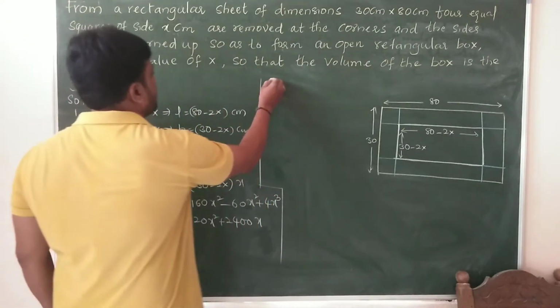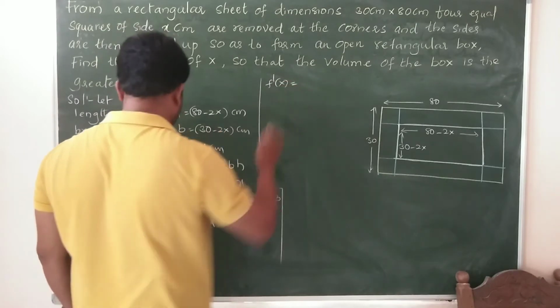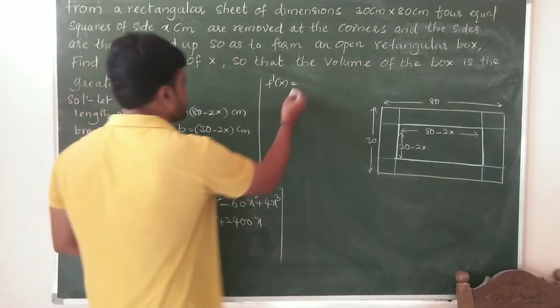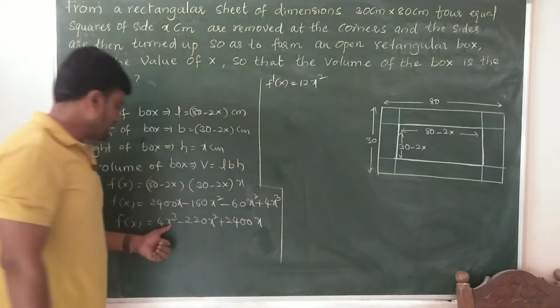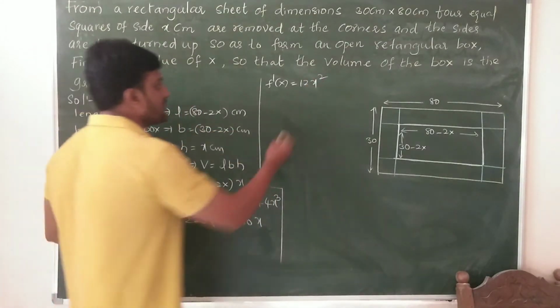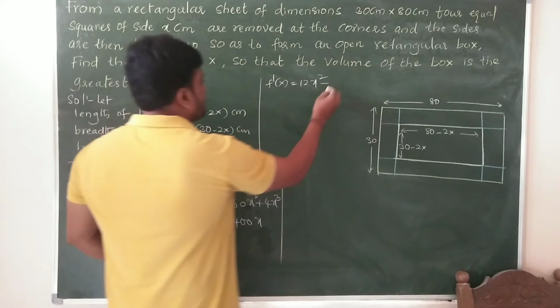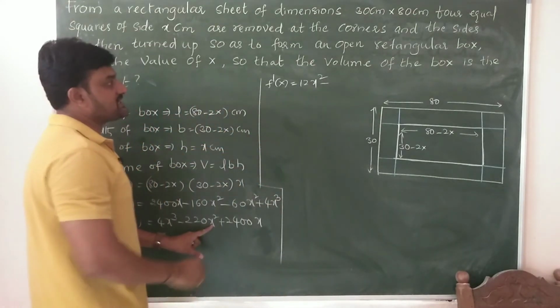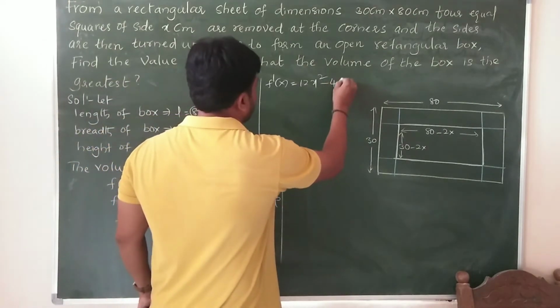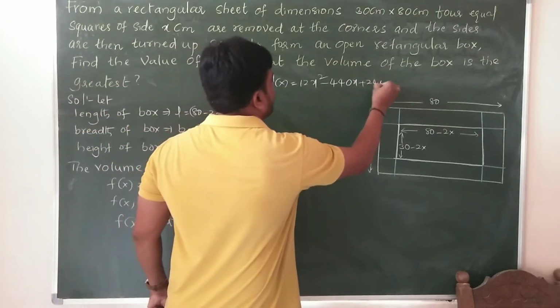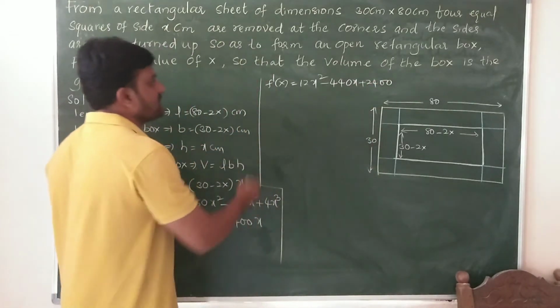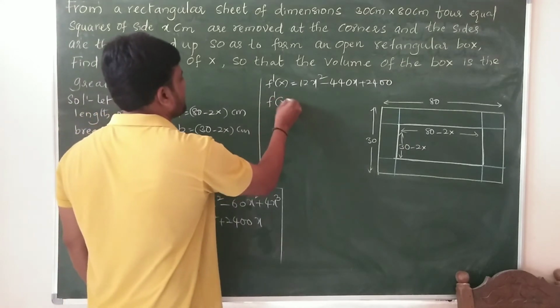Then we need f dash of x. The derivative of 4x cube is 12x square, minus 220 times 2x, which is 440x, plus 2400. For the x value, take f dash of x equals 0.